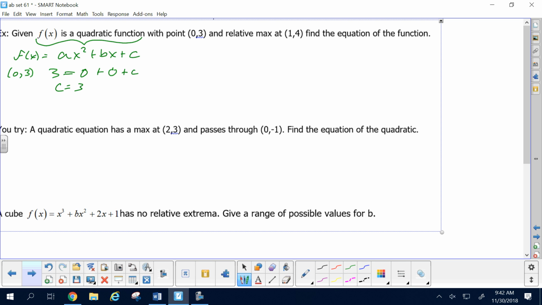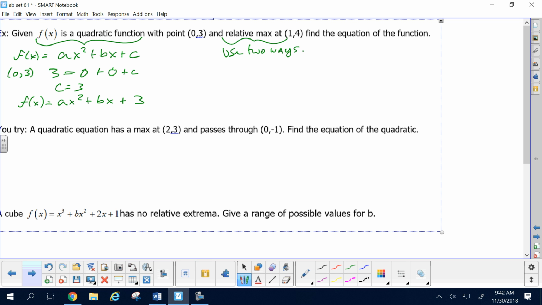c is 3. And now it's really more of a two unknowns problem. All right? Wonderful. Good start. Give me two ways to use that fact, 1, 4.